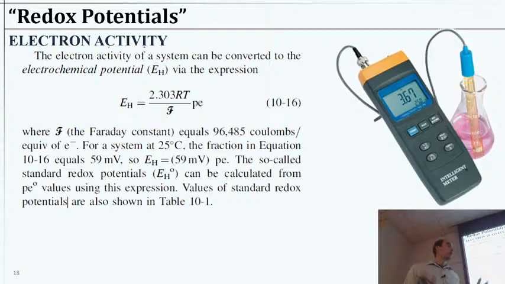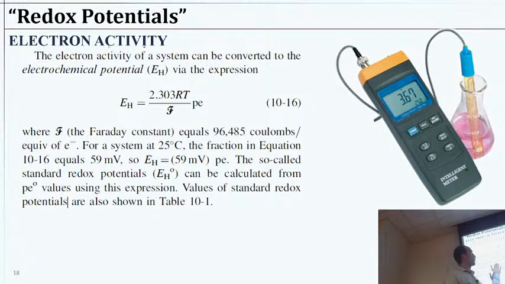Okay. So, assuming we get that right, we can take measurements with some potentiometer and get this electrochemical potential, EH. We'll come back and take a closer look at this equation, but it factors in pieces like the ideal gas constant, the temperature, and Faraday's constant, and relates this electrochemical potential to the pe, the negative log of the activity of the electrons.